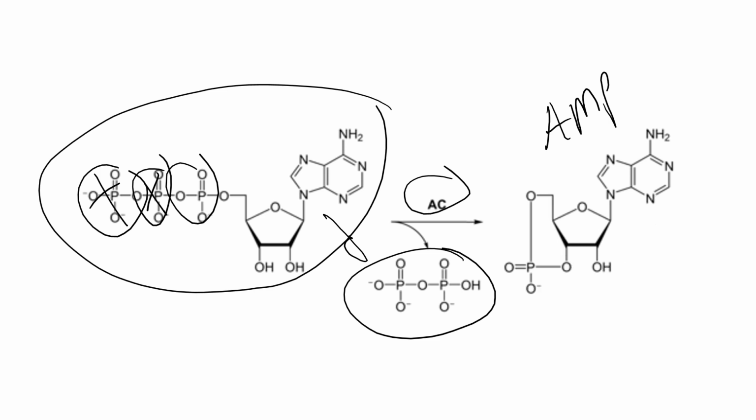But what also happens in the reaction is the remaining phosphate group is covalently bound to the sugar, ribose. This creates a sort of cyclic structure, so the molecule is now called cyclic AMP. And it serves as one of the most important second messengers in the human body.